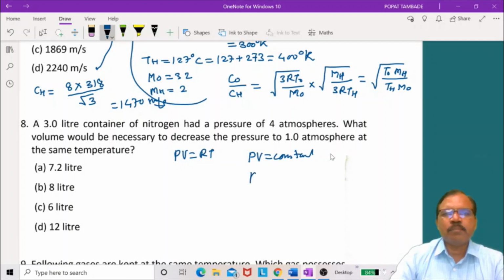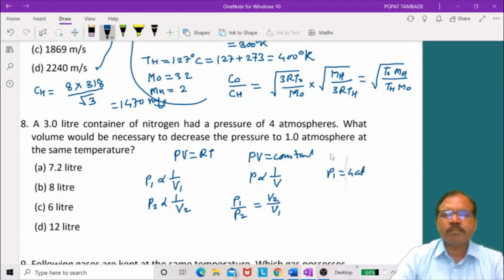So we can say that P is inversely proportional to V. So P1 is proportional to 1 upon V1, P2 is proportional to 1 upon V2. So we can write P1 upon P2 is equal to V2 upon V1, inverse relation. Now P1 is 4 atm, P2 is 1 atmosphere and V1 is 3 liter.